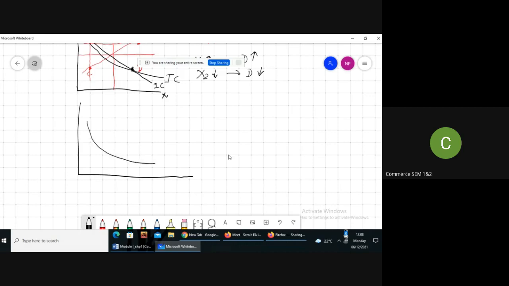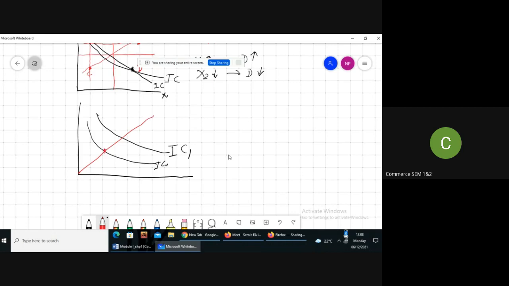ধরা যাক এরকম একটা ইন্ডিফারেন্স কার্ভ আঁকছি IC0 আর এখানে একটা ইন্ডিফারেন্স কার্ভ আঁকছি প্যারালাল টু ইচ আদার IC1. একটা অরিজিন থেকে একটা স্ট্রেট লাইন টানো এরকম লাইক দিস.